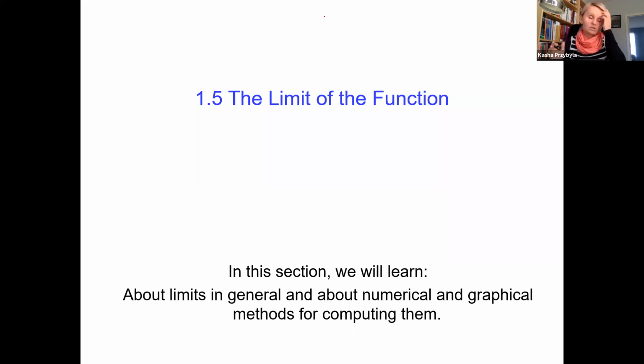What I explained, the limit concept, we're taking now, and we will expand this more. From section 1.4, we will just take the limit concept.